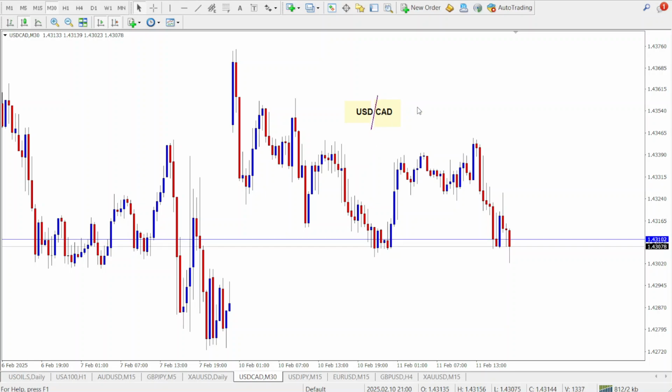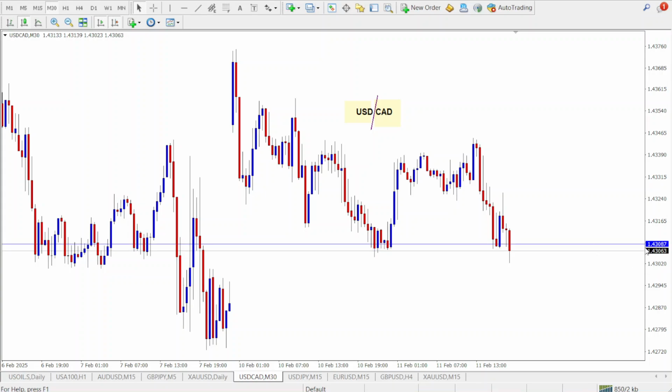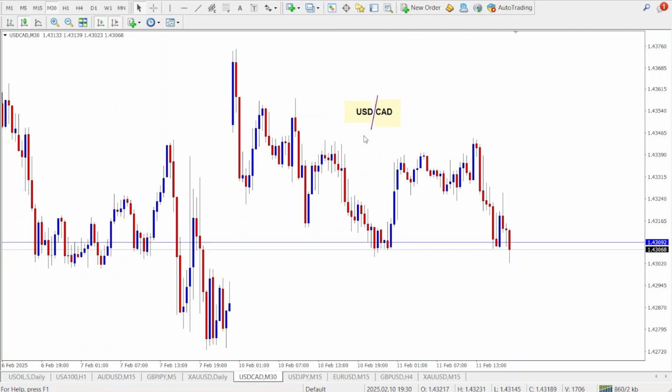So in the USD/CAD currency pair, the USD is the base currency while the CAD is the quote currency. If, for example, the price of USD/CAD is 1.4, it means that 1 USD is worth 1.4 CAD.